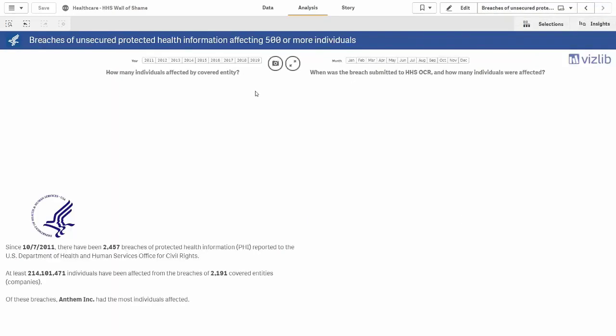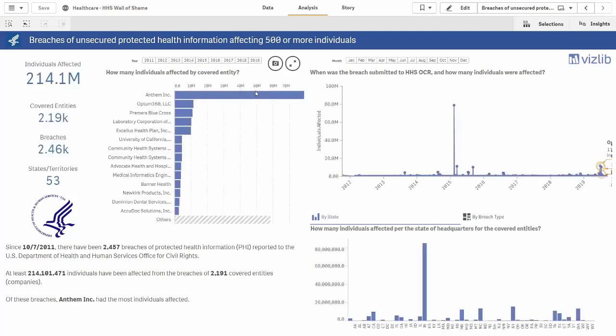It actually hit this website before it hit the news, and it was a health system that did this. So I very quickly created this application on the breach information. Right off the screen, I grabbed everything back as far as they would give me the CSVs, which was 2012, and you see some interesting blips in the number of individuals that had their health information breached.